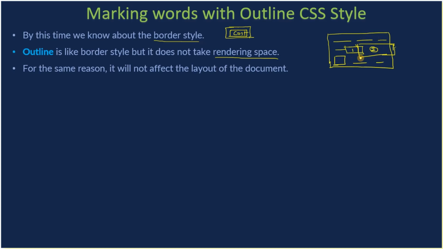And if element 2 and 3 are in line, then since element 2 is pushed, 3 also will get pushed, right? Because the newly added element, box border, let us say, occupies document space, it may change the document layout. But the outline, if we state it's an outline instead of border, will not push other elements.